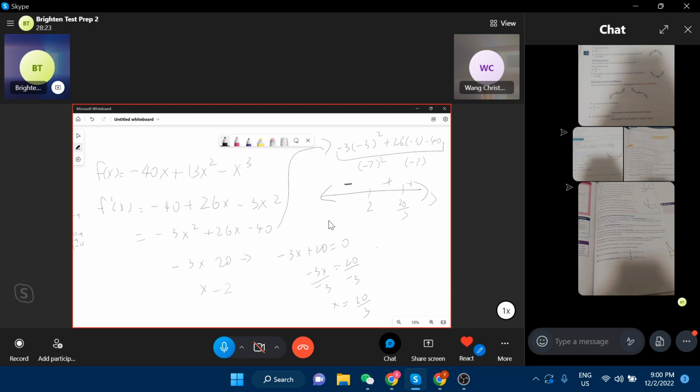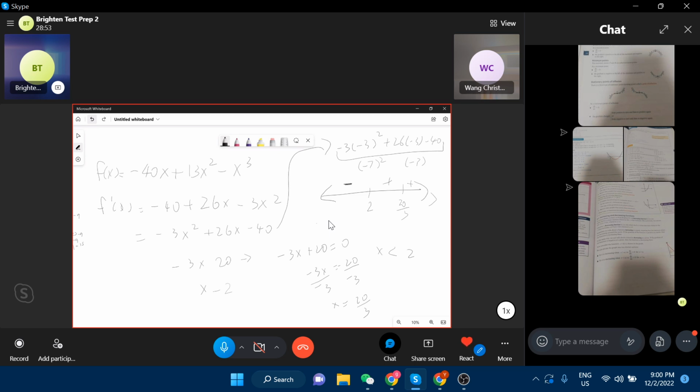So that means that x should be greater than 2, and then x should be greater than 20 over 3. Is that the answer? But we're finding decreasing. Oh, decreasing, then it's opposite. Yeah, yeah. So it would be x is less than 2, and x is. Oh, I think I did a calculation error.